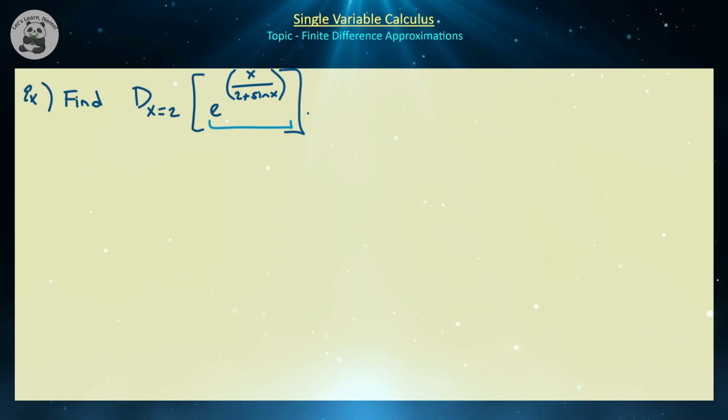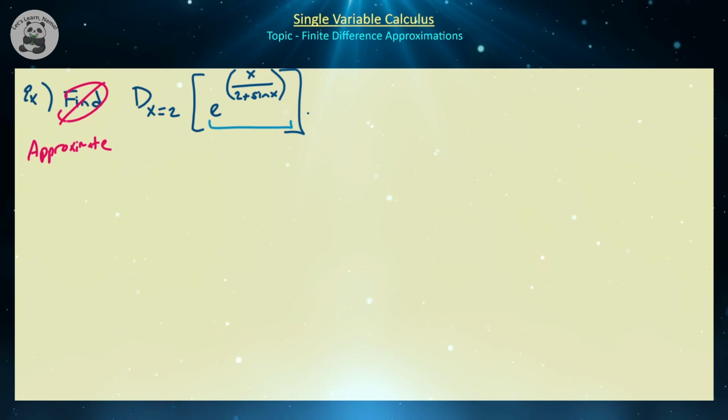But generally speaking, there could be other arbitrary functions that you don't know how to find the derivative of. So if you can't find the derivative of a function at a particular point, the next best thing we have in front of us is to approximate the derivative at that point.